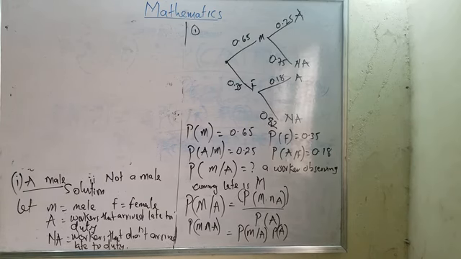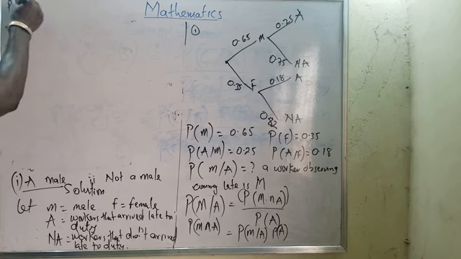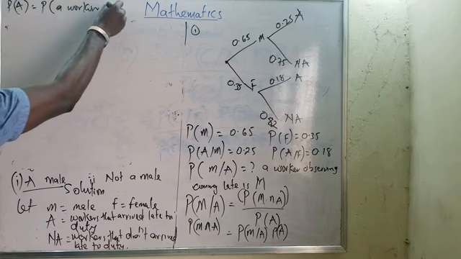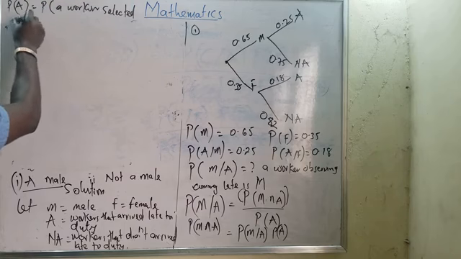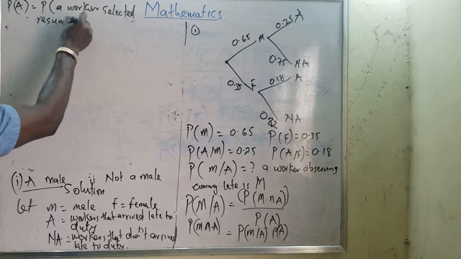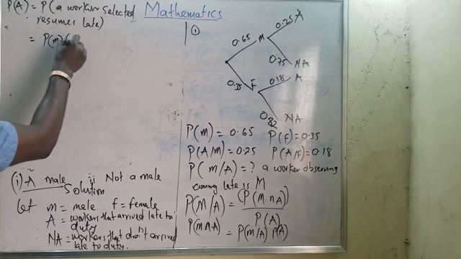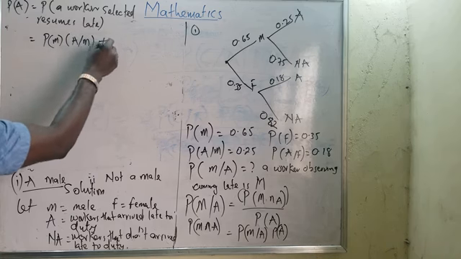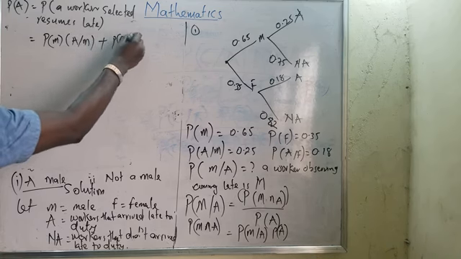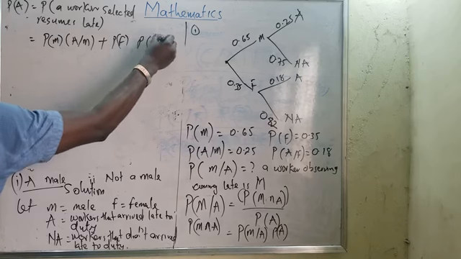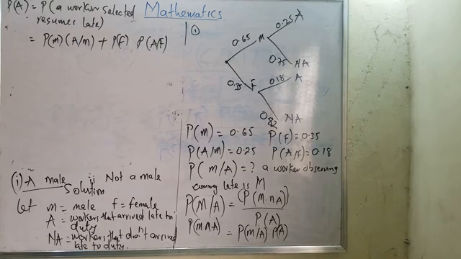Now, the next thing I will work on: the probability of A, the probability a worker selected resumes late, will be equal to probability of M times probability of A of M plus probability of F times probability of A of F. Now that is very, very important.